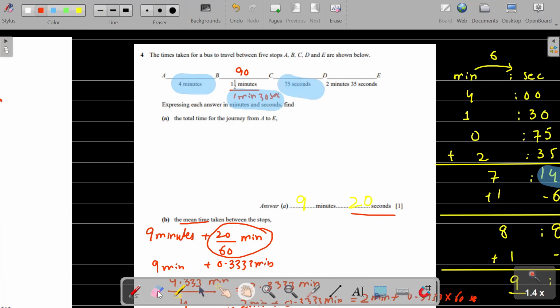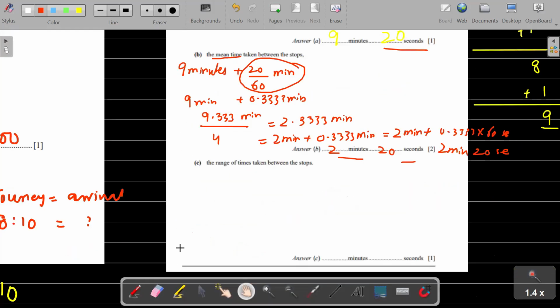To calculate range, I'm just going to subtract two values. 4 times 60 is 240 seconds. This was 90 seconds, this is 75 seconds. And 2 minutes 35 seconds will be greater than 75 seconds and less than 240 seconds, because 4 minutes is the bigger value. So I'm going to subtract 75 seconds from 240 seconds to calculate the range.